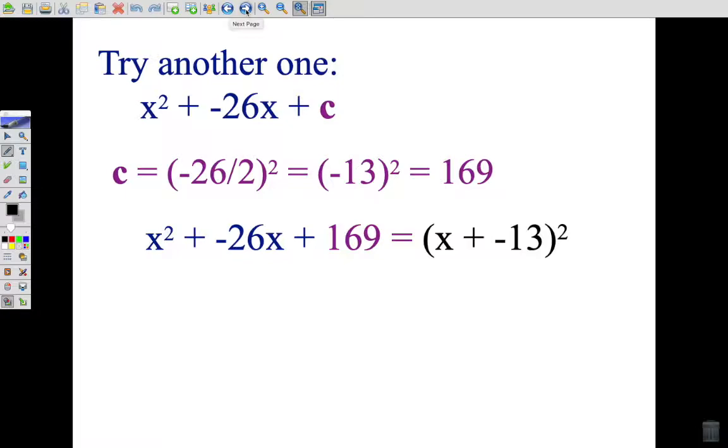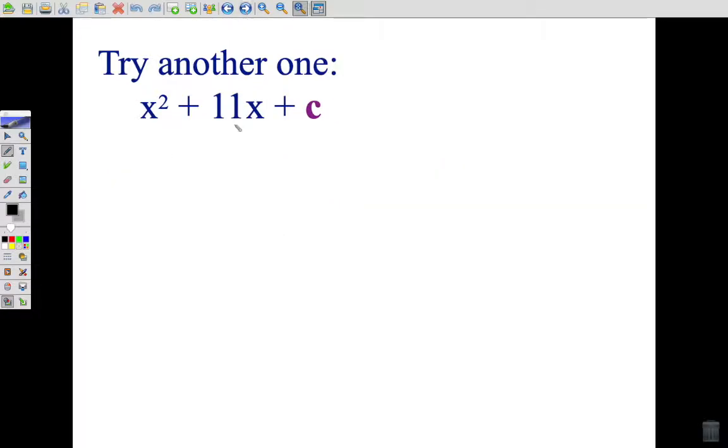Let's try 2 more before it's homework time. Let's try a few where you might get a fraction. 11, that's our B number. What should C be? Now pause this for a moment while you think carefully about how you come up with C. B is 11. Well, 11 divided by 2, then we have to square it.